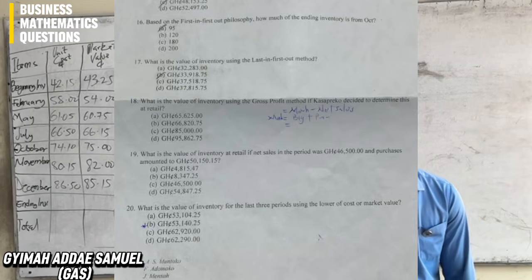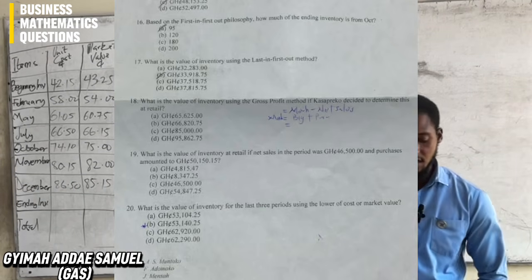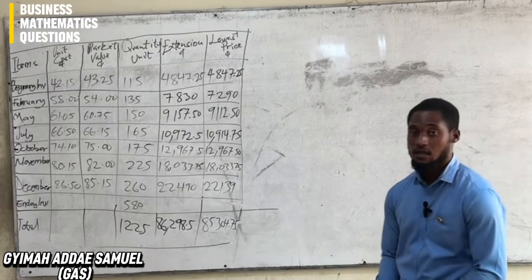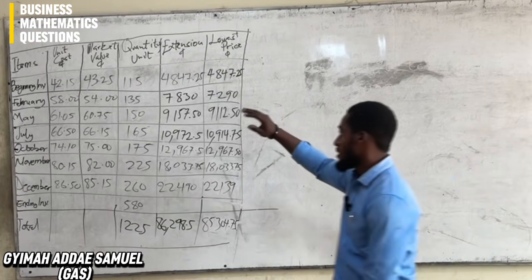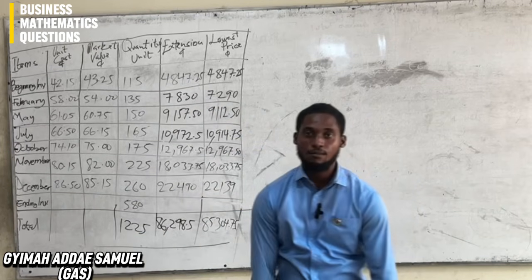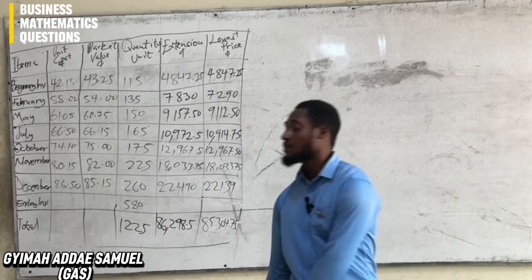It says, what is the value of inventory using the last in, first out method? As I said, with the last in, first out method we start from the apex, but with the first in, first out we start from the bottom.